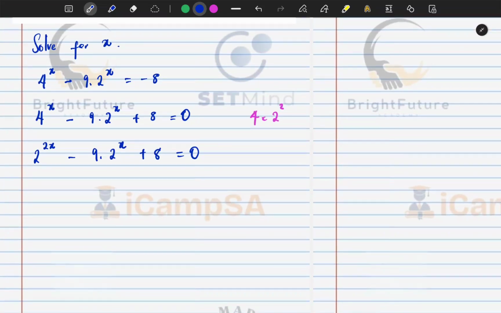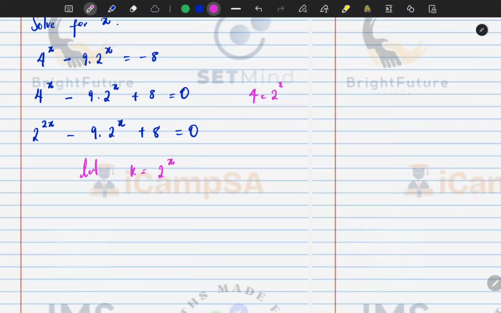If you don't see it properly, you can say let k be equal to 2 to the power of x. We're not going to solve it that way, I just don't prefer it, but if you prefer this way, you can use it.